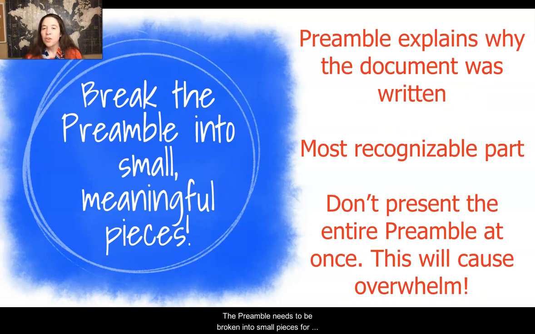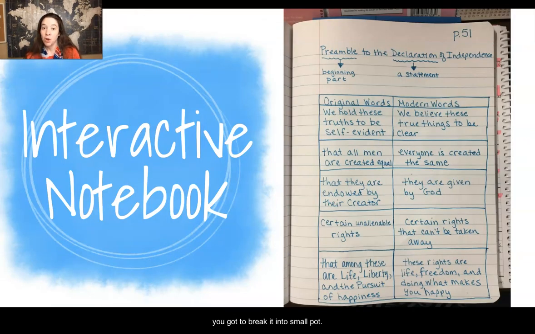The preamble needs to be broken into small pieces for your students. The preamble explains why the Declaration was written. It's the most recognizable part of the Declaration. Don't ever just give the whole preamble to your students at one time and say, here you go, let's talk about this preamble. You've got to break it into small parts.